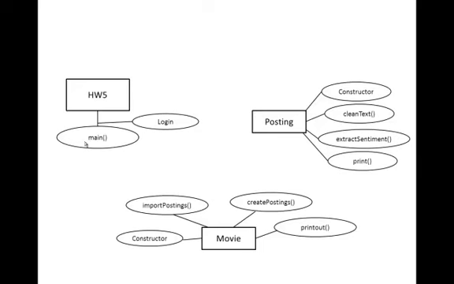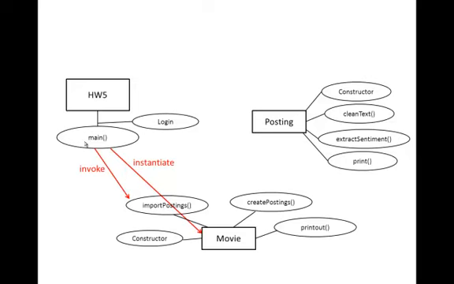So the way all this is going to work is that from the main method of Homework 5, we will create or instantiate a movie object, and once that movie object is created, we will call the import postings method on the movie object.